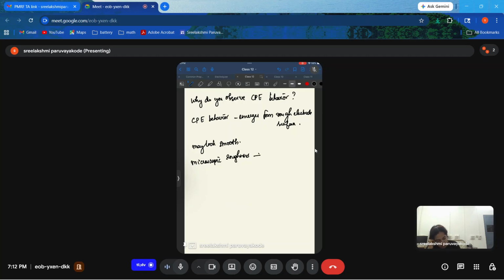How does it result in CPE behavior? When there is a microscopic roughness, the surface will have different energy levels at every point.